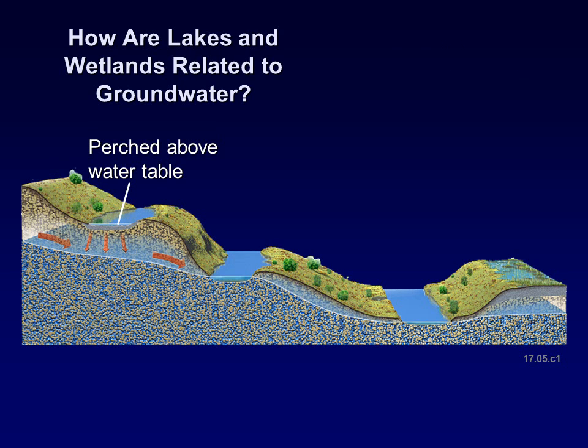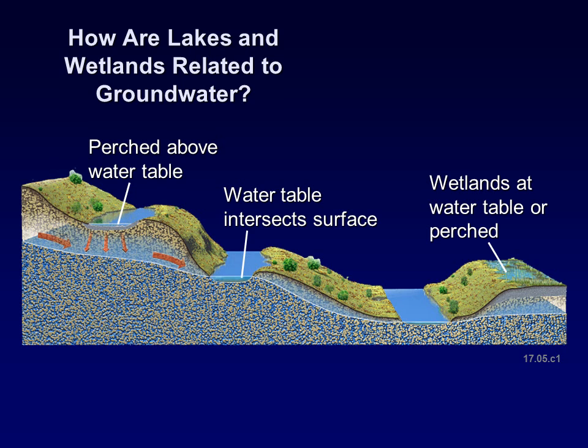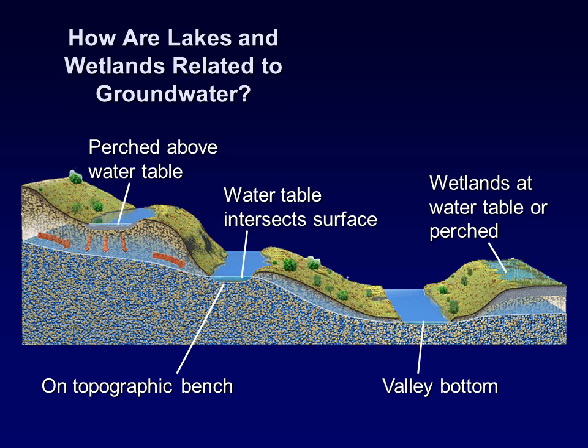So here are settings. We have perched above the water table. We have the water table intersects with the surface. We have wetlands at the water table or perched. We have on a topographic bench, and we have on a valley bottom.